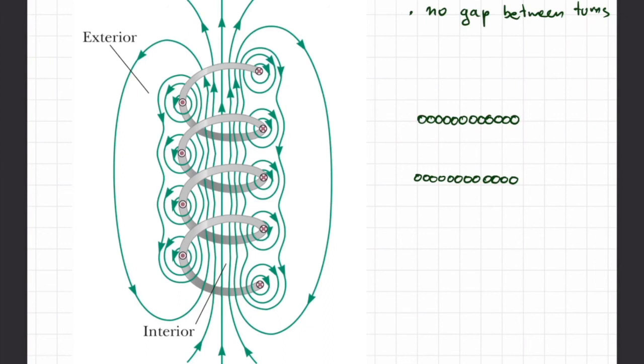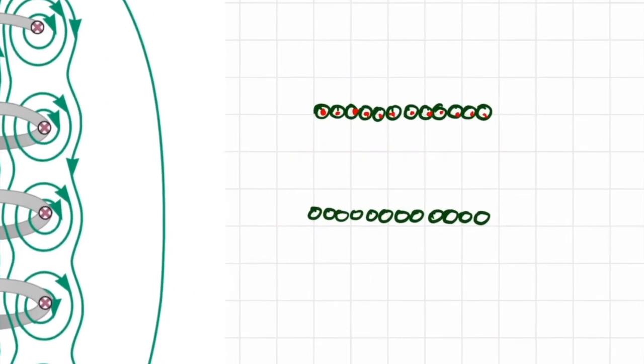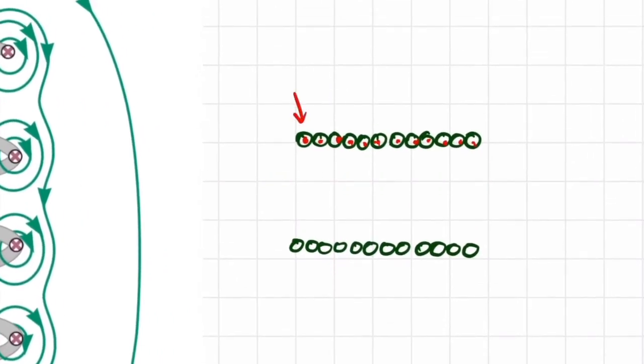And if you look at how the current travels in each coil, I can say the coil at the top has the current going this way. Okay, so let me zoom in a little bit. So this means the current is going out from the page.